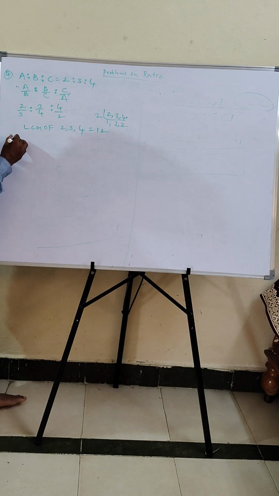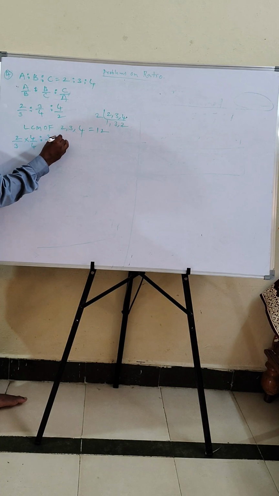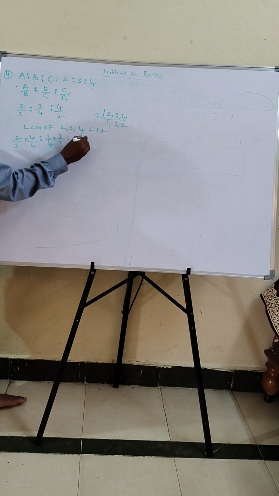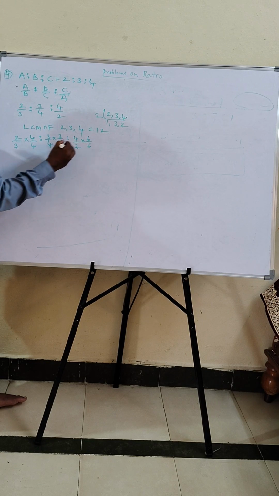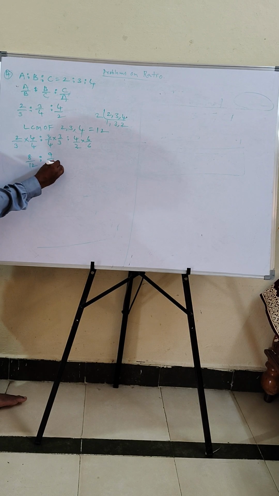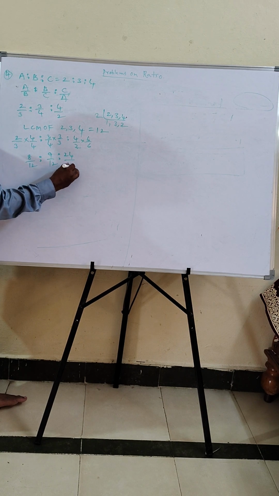Therefore, 2 by 3 into 4 is 8 by 12, 3 by 4 into 3 is 9 by 12, and 4 by 2 into 6 is 24 by 12.